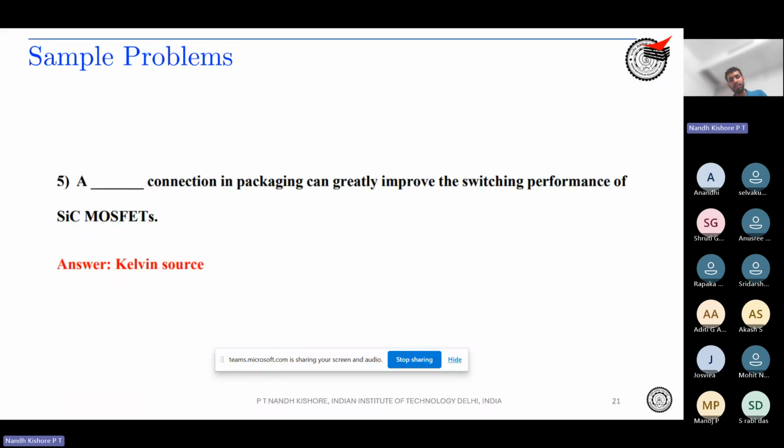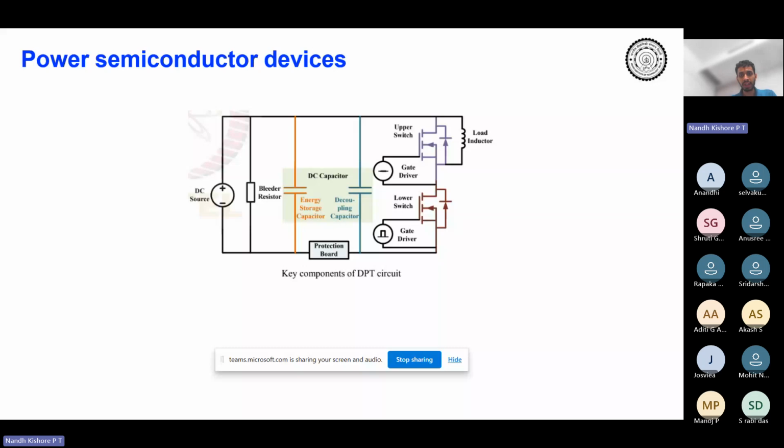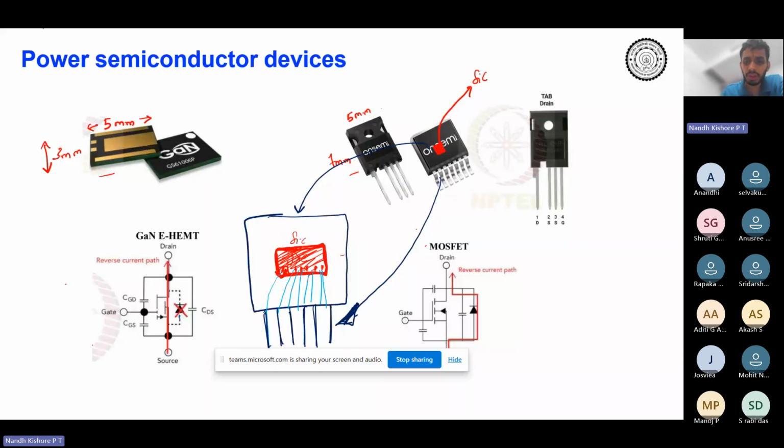A dash connection in packaging can greatly improve the switching performance of SiC MOSFETs. So it is Kelvin source. I'll go back to the diagram. If you see over here, you just know about three terminals: drain, source, and gate. Gate, source, and drain.